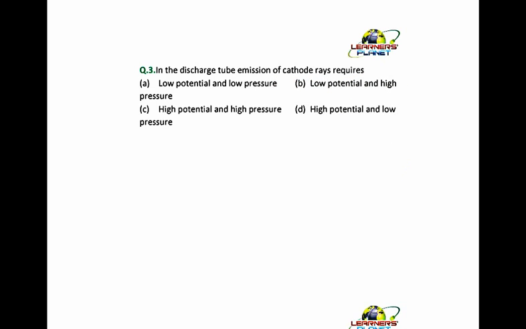First of all, we know that the pressure should be low. And the potential difference applied there is 10,000 volts. So our correct answer is high potential and low pressure.